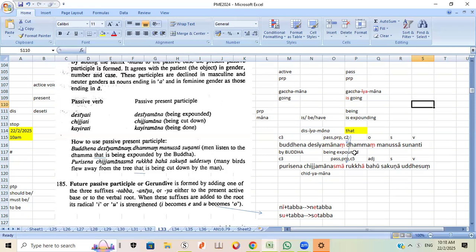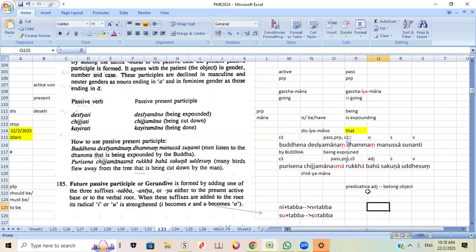So in this particular case, this whole phrase, Buddhena Desiyamanang, we will call it a predicative adjective. This predicative adjective belongs to the object, because the Dhamma is the object.